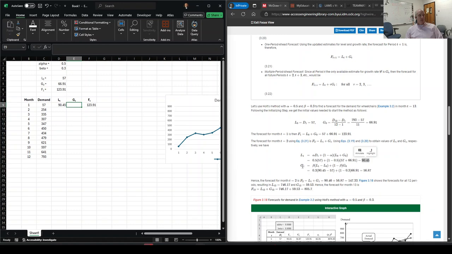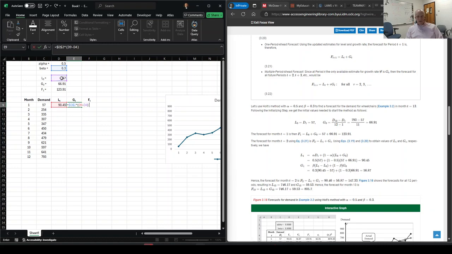Let's move forward to the G1, which is our growth. And this is where the beta comes into play. So for this calculation, we'll pull from the beta. I'll anchor that reference. And I'll multiply that by L1 minus L0.